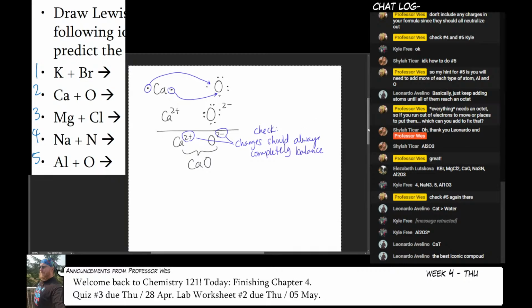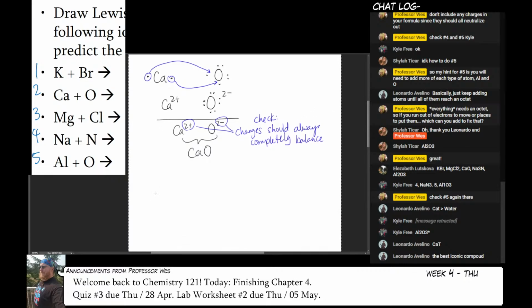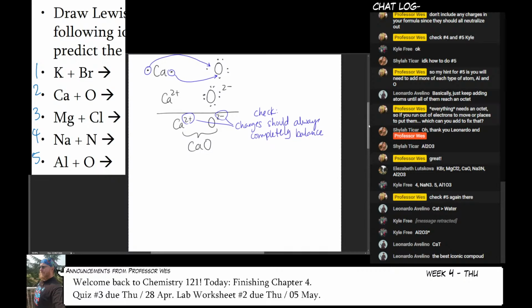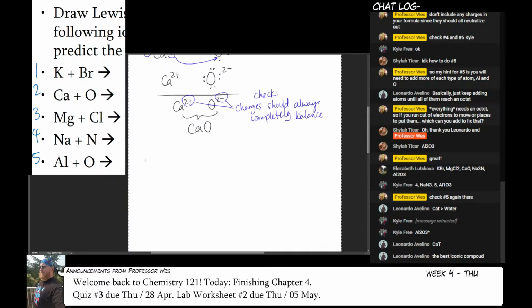All right, so let's do the next one. Let's do sodium and nitrogen. I need a little more space for this, but we'll just do that. So there we go. There's my sodium and my nitrogen. I'm going to move the 1 electron from sodium over to right there. And I need more electrons to go on nitrogen.